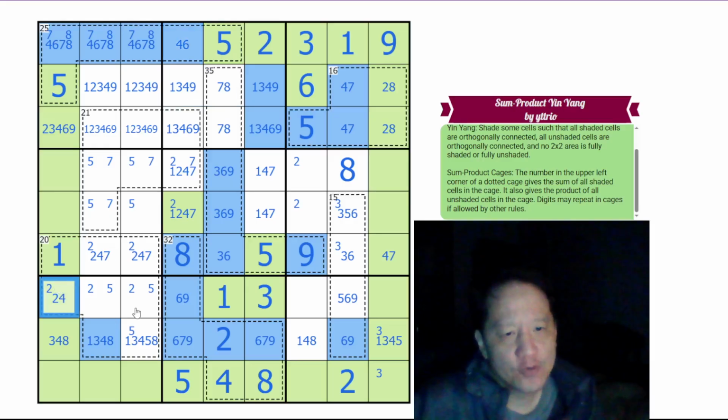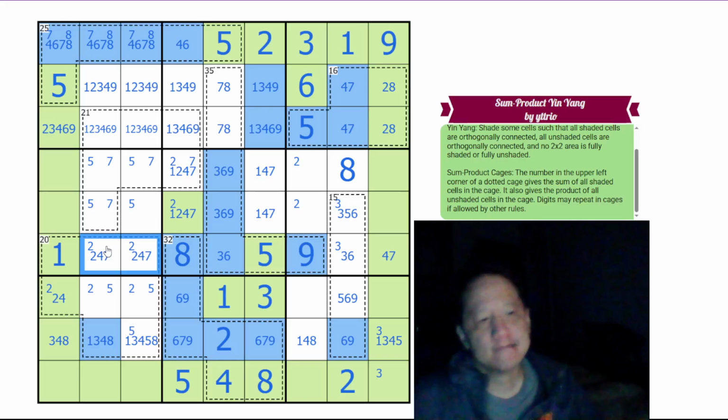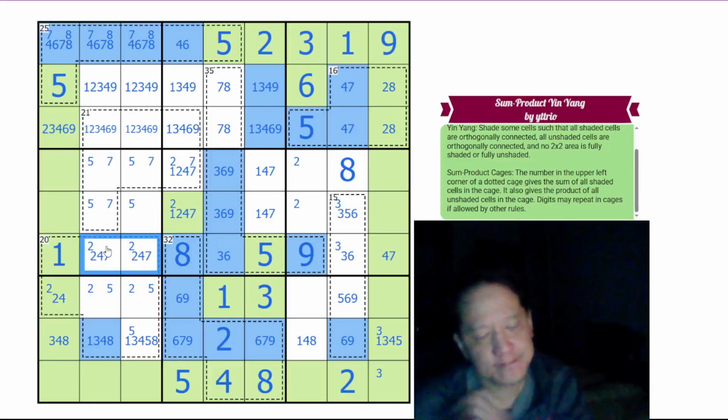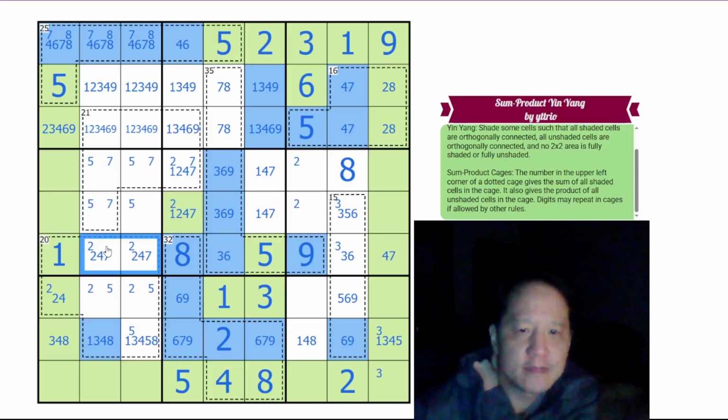So if you have 4 here, it must be with 5 to multiply to 20. The rest add up, so it's 2 and 2. That's 4. Not really restrictive.